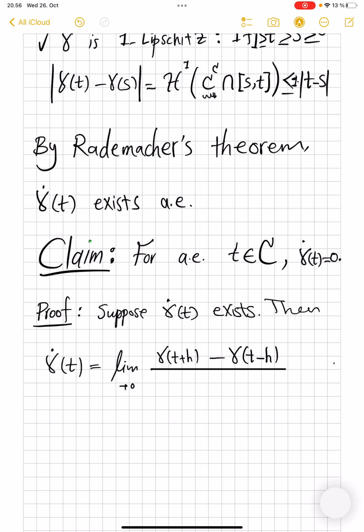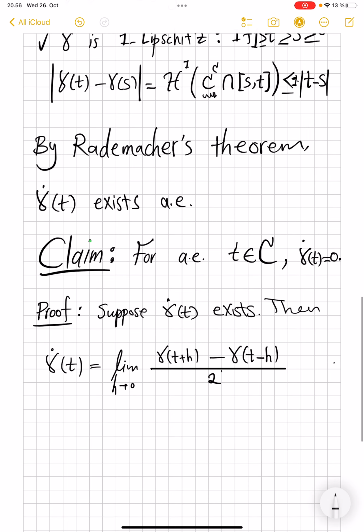So let's switch to h. Gamma t minus h, but then you have 2h down here. So if a function is differentiable, you can also recover the derivative from this quotient.